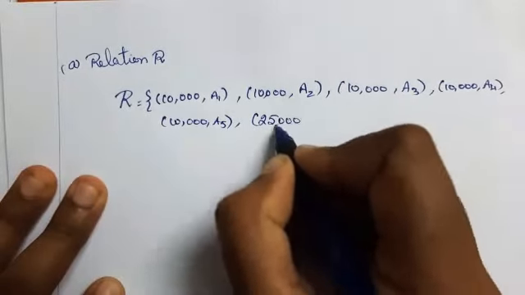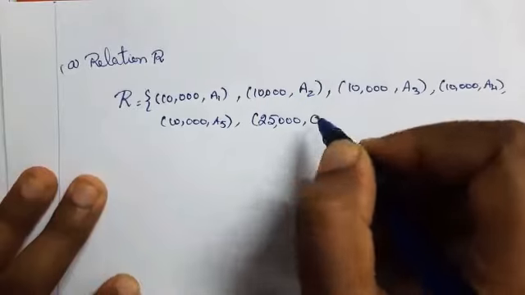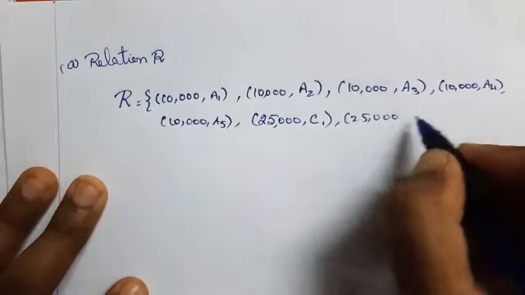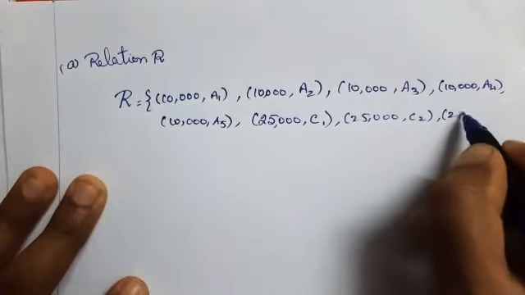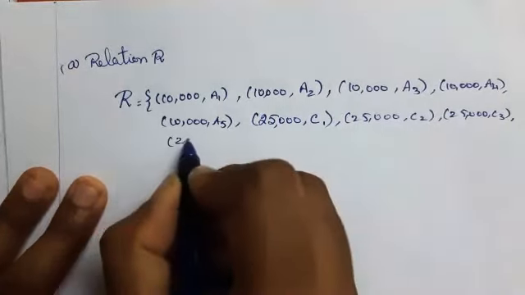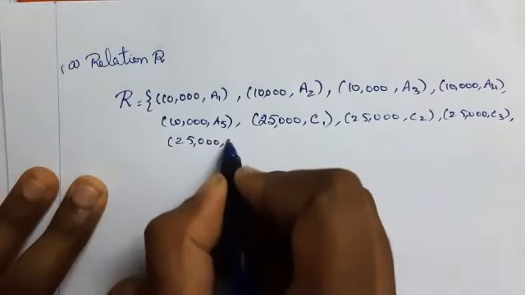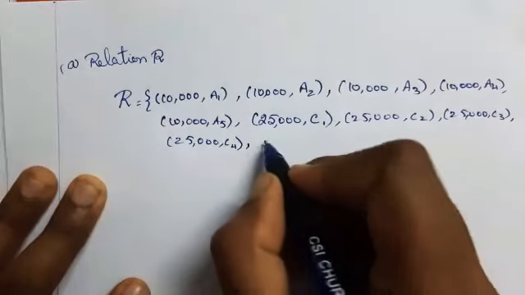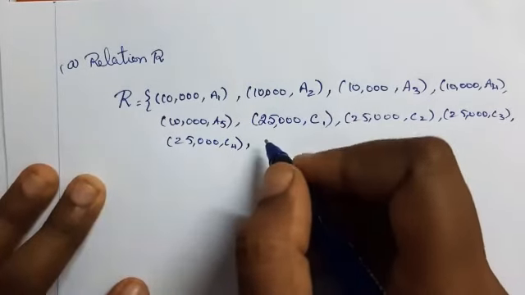25,000 clerk is denoted as C1, C2, C3, C4. Therefore 25,000 C1, 25,000 C2, 25,000 C3, 25,000 C4. Then 50,000 for manager. How many managers? 3.